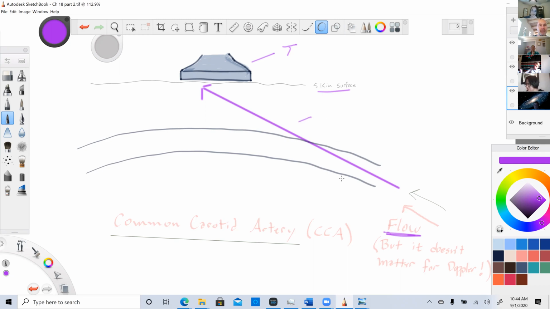Essentially, the blood at this part of the artery is toward the transducer.